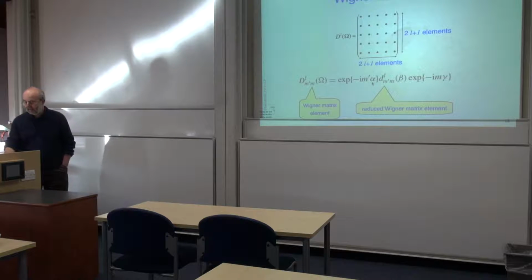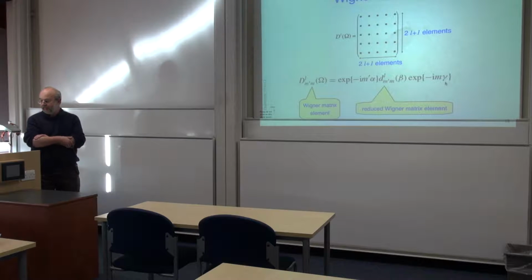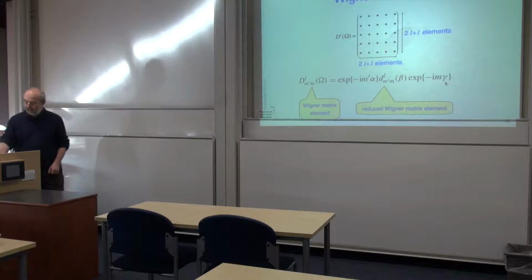The first and the last terms are just complex exponentials of the alpha angle multiplied by the index M prime, and similarly for gamma. So that's always the same for all the elements. And then the one which depends on beta is usually written with a small d, that's called a reduced Wigner matrix, and those are real functions of beta.